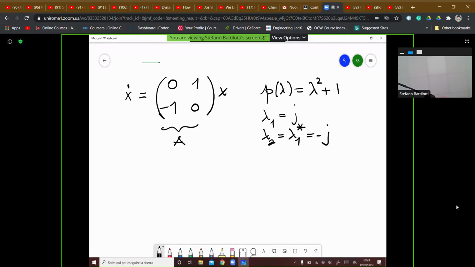These are the solution, the roots of this polynomial. Right? So in this case, we have two imaginary eigenvalues. So they are placed in the complex plane here. j, minus j.